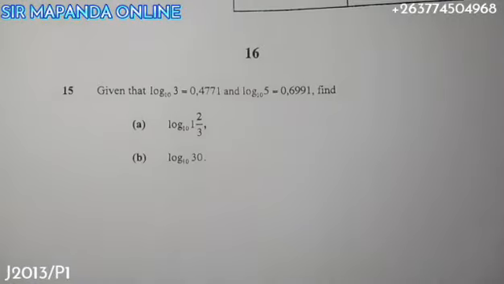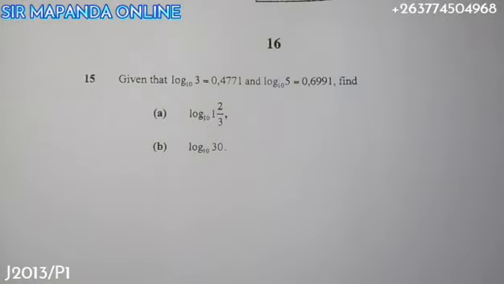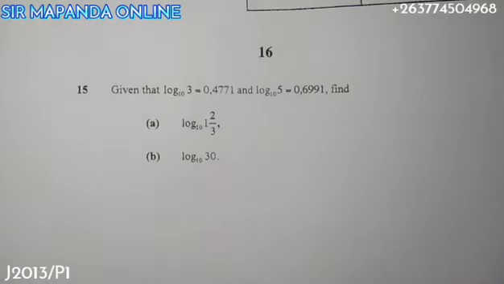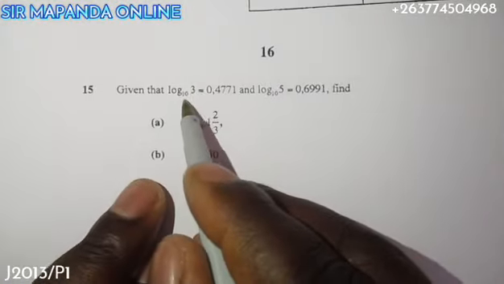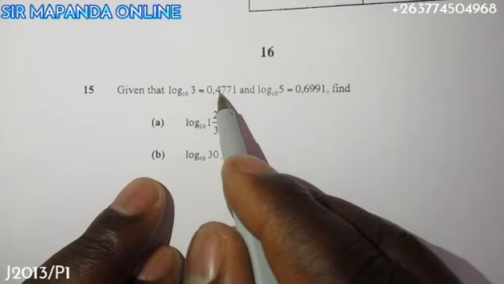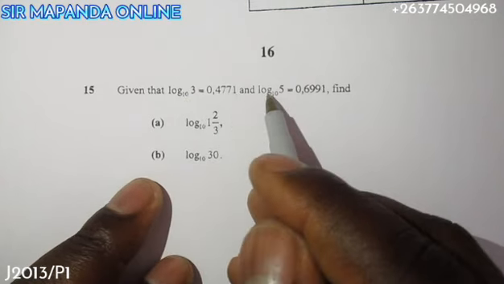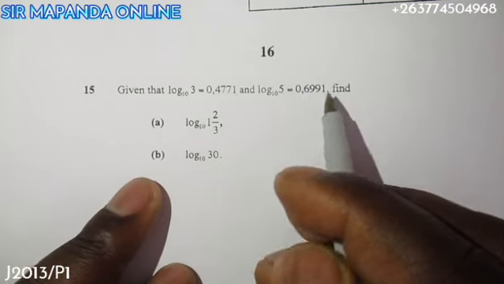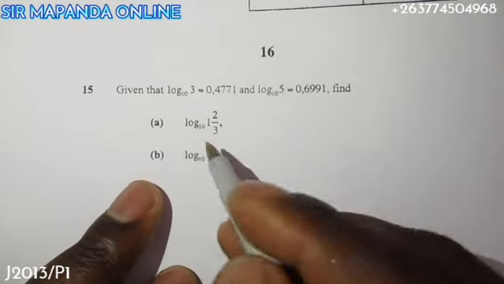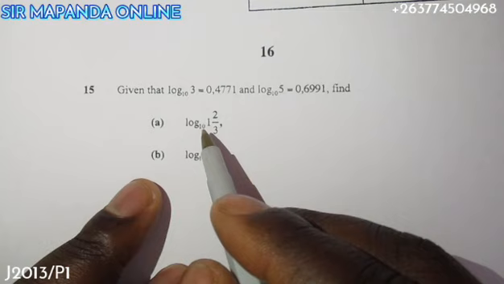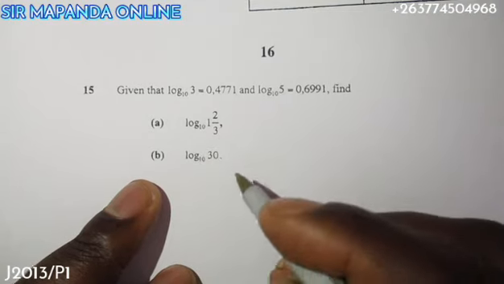Question number 15 is in line with the issue of logarithms. You are given log 3 to base 10 is 0,4771 and log 5 to base 10 is 0,6991. They want you to find log 1 and 2/3 to base 10.